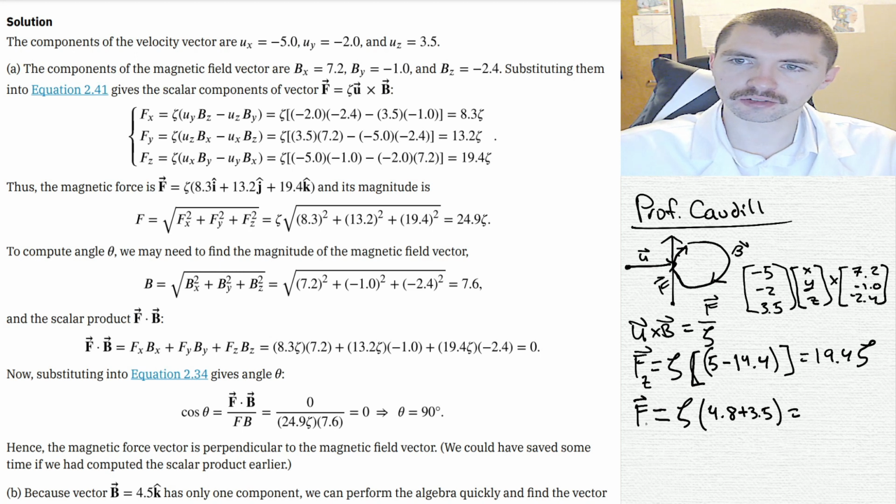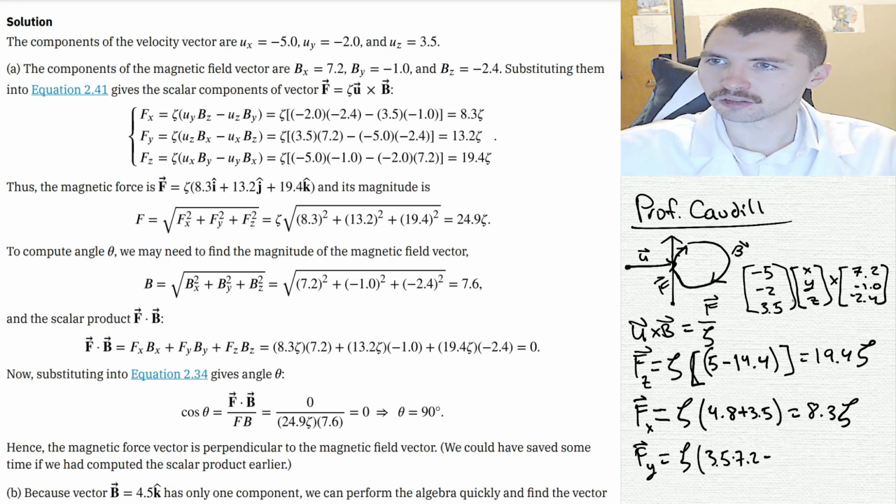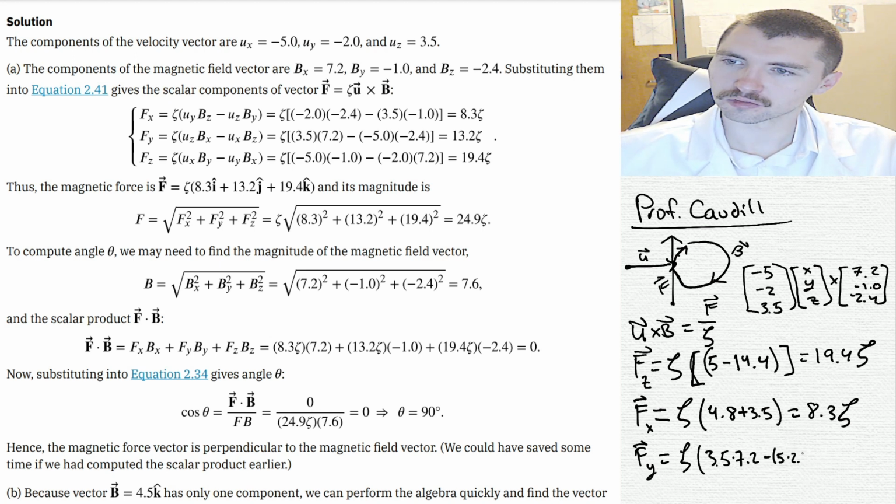So that's going to be our x, 8.3 zeta. And then our f y is going to be 3.5 times 7.2 minus 5 times 2.4. Okay.